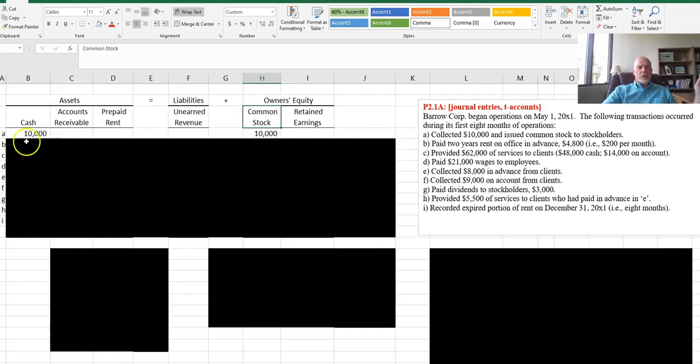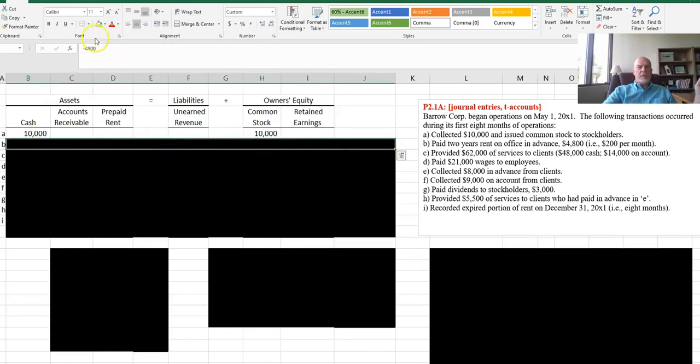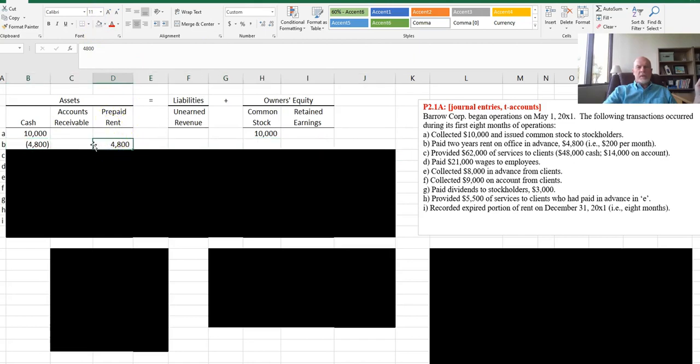And so we're going to subtract from cash $4,800, and we're going to add to prepaid rent. So this rent that we've paid in advance, we have the future benefit of using this office for the next 24 months. And so that's definitely an asset that we have.